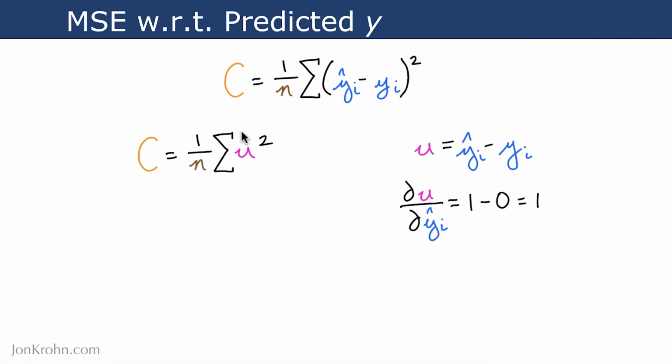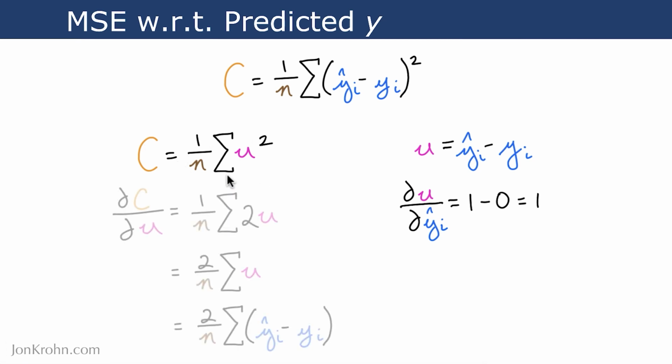All right, and now we have this equation over here. So let's calculate the partial derivative of cost with respect to u. This whole thing up front, we can consider to be a constant. And so we differentiate u squared according to the power rule. That becomes 2u to the power of 1, which is just 2u. And we can make this look a little neater by moving the 2 over here.